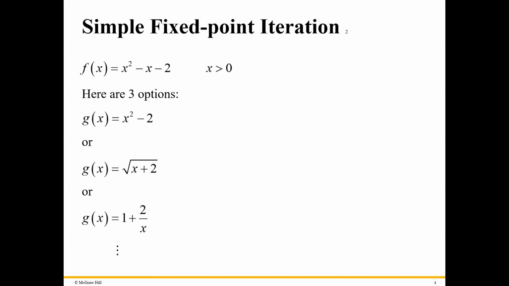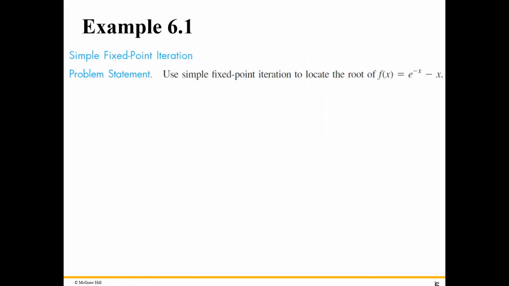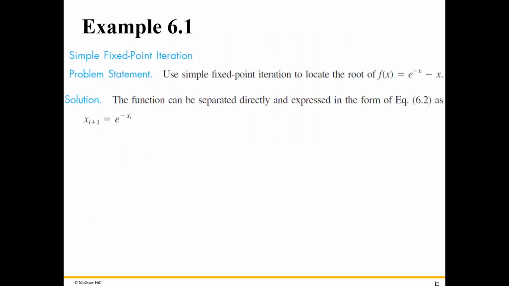Okay, so in this case, the simple fixed point iteration method can be used in one of several different ways. So how to apply this fixed point iteration method? We can apply it for this type of equation.